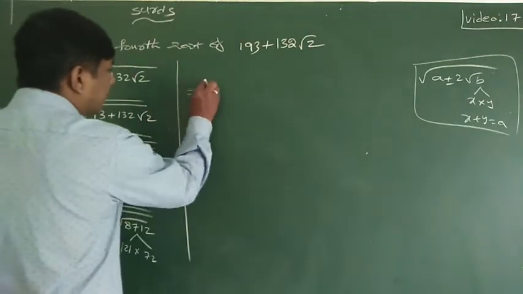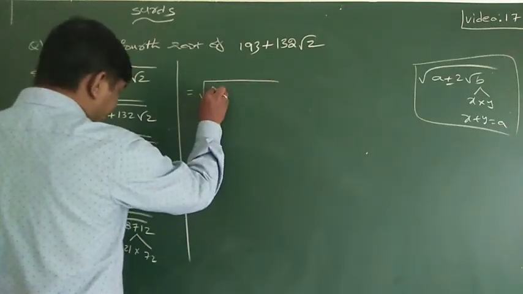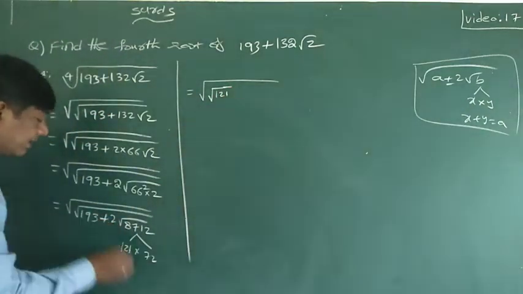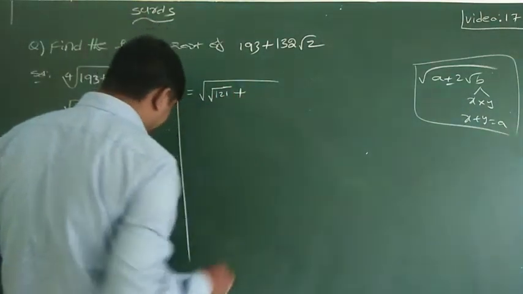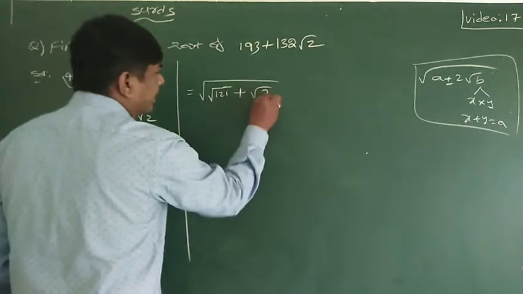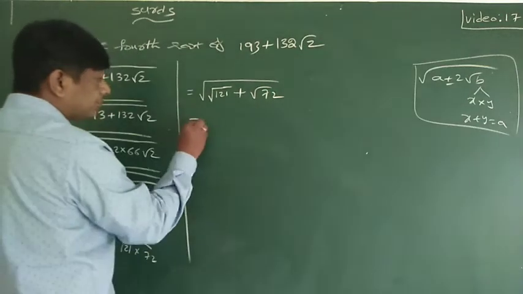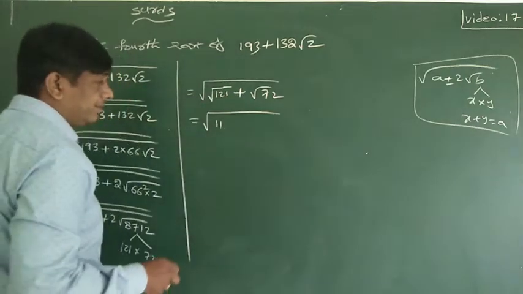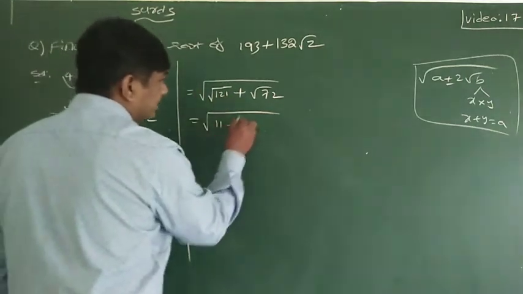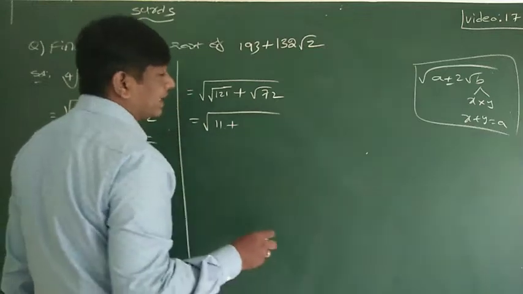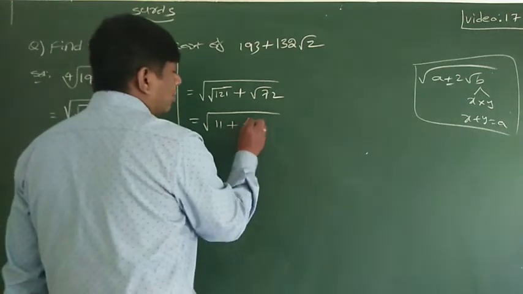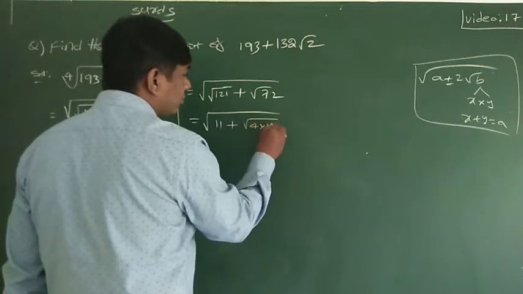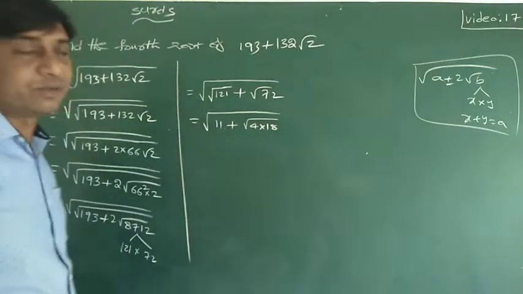So square root of 121, since here it is plus, the result is also plus only, root 72. That is equal to root of 121 is 11. So 11 plus root 72. Now 4 into 18 is 72, 4 8s are 72.